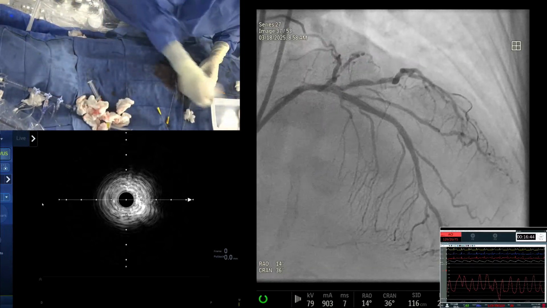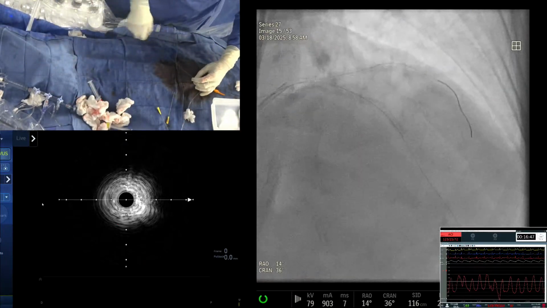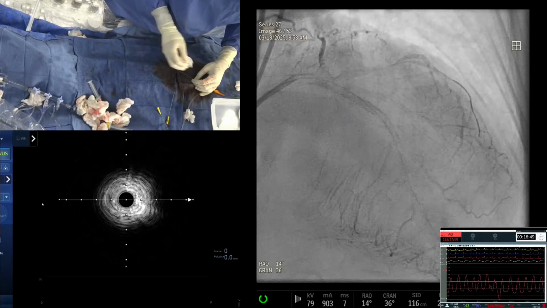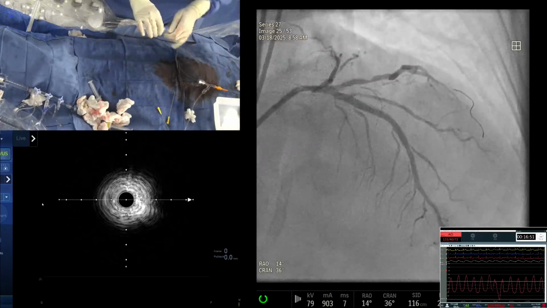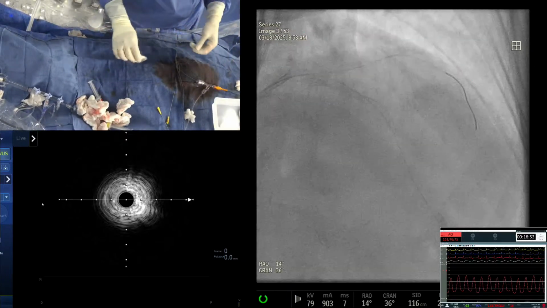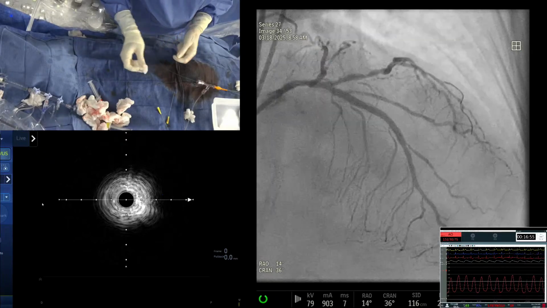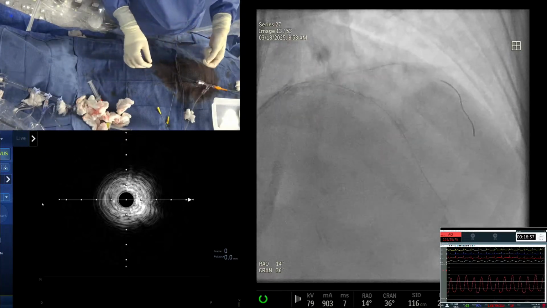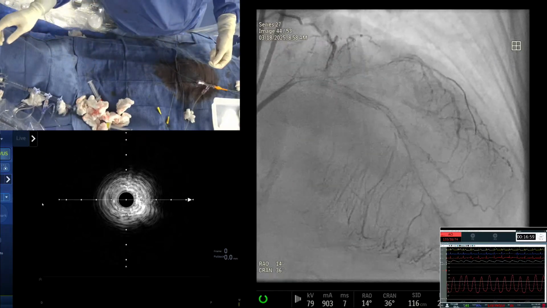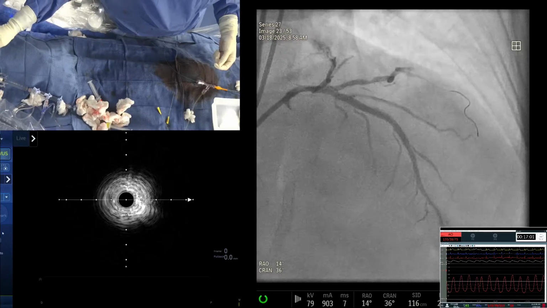You may want to put a short balloon for a slight dilatation post stent in that area. I don't know, we can, but in that area, remember, we could never get anything. No, yeah, the IVUS. Quick.